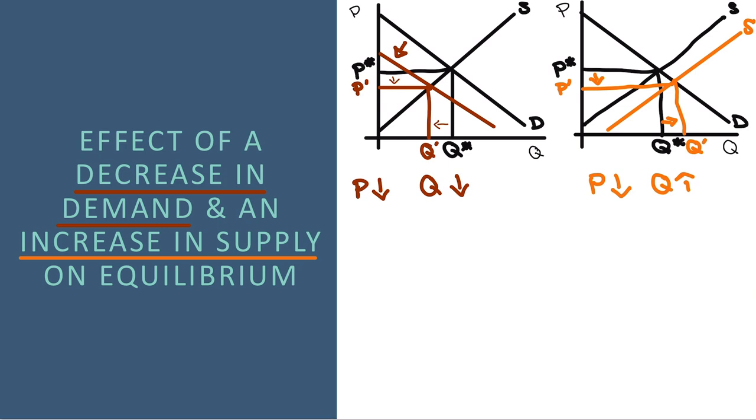Again, without knowing more information, we can only determine what happens to one of them. Since price is going down on both of them, we know that price will decrease.